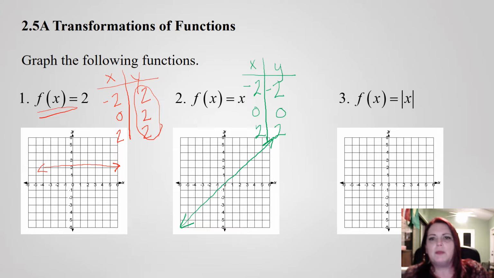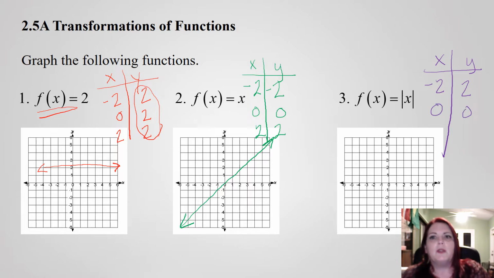And then we want the absolute value of x. And let's go with that color. So let's do an x, y here. If x is negative 2, the absolute value of negative 2 is 2. And 0, the absolute value of 0 is 0.